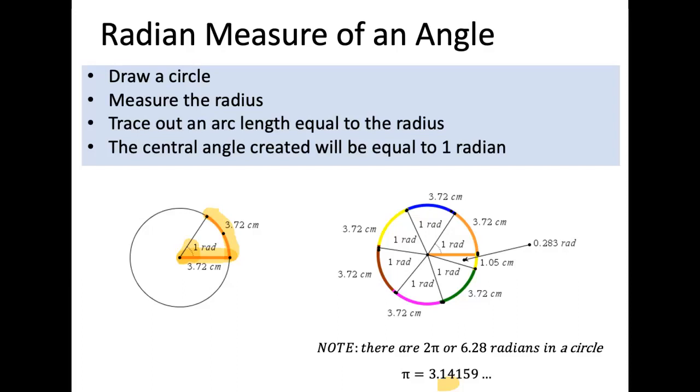That little piece that's left over is 0.28 radians because there are 2 pi or 6.28 radians in a circle. 2 pi is the complete measure all the way around, just like 360 degrees is a complete measure all the way around the circle.